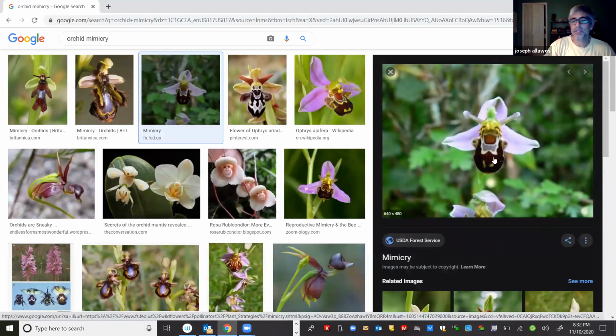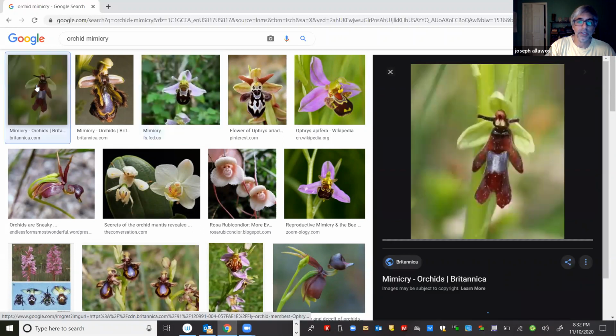So here's one that mimics a bumblebee, and if you saw this species as a pollinator, you would immediately recognize it as looking very much like this flower does. And so it's literally attracting the male, tricking him because he thinks he's gonna get some, and instead he's just getting tricked. He's getting duped. In the process of trying to literally copulate with this flower, he accomplishes pollination.